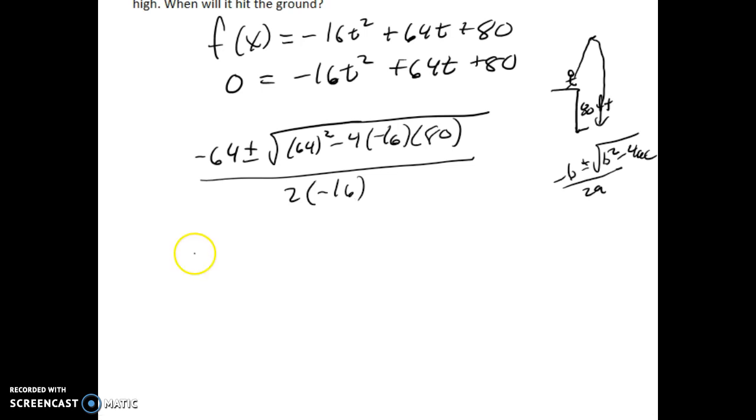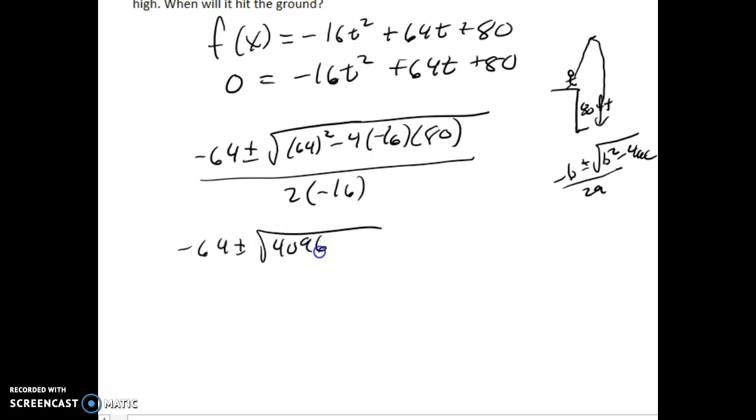So I'm going to multiply everything, just like I've done before in all my examples. So 64 times 64 is 4,096. We're going to minus 4 times 16 times 80, which is 5,120, over negative 32.